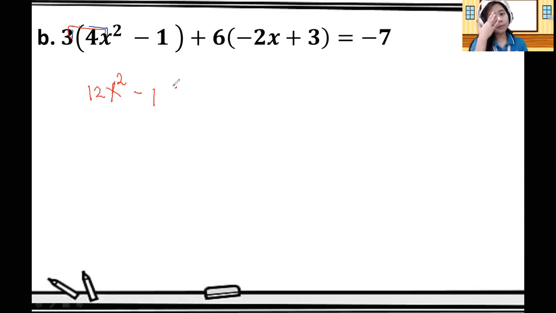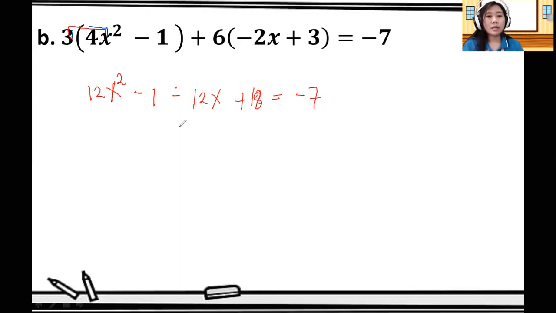Next, 3 times negative 1 is negative 1 plus. Okay, kahit hindi na po natin isama si addition sign kasi i-multiply na po natin siya ng diretso. Okay, positive 6 here. Tatawagin na natin siyang positive 6 ha. So, positive 6 times negative 2x is negative 12x. Then, positive 6 times positive 3 is positive 18 equals negative 7.